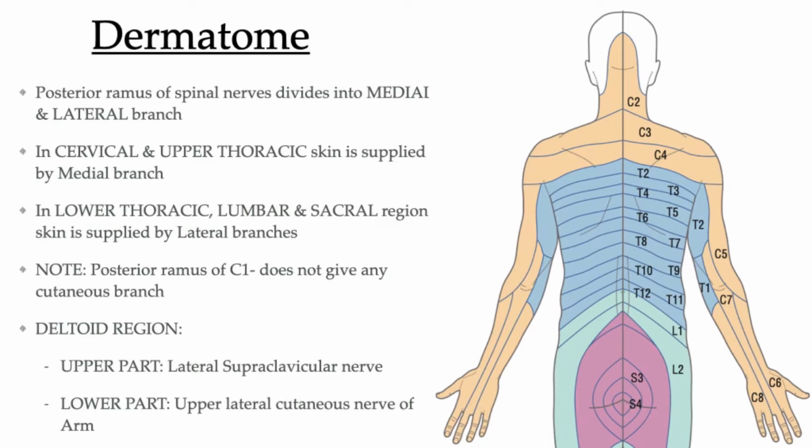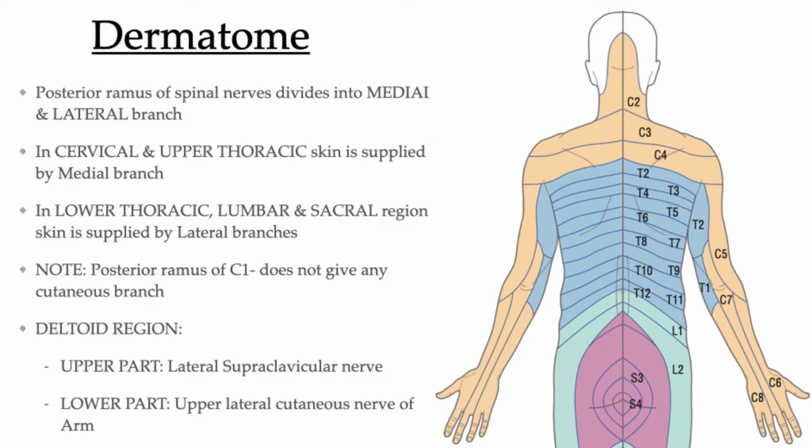The posterior ramus of the spinal nerve divides into medial and lateral branch. Both the medial and the lateral branch provide motor nerve supply to the muscles present over the dorsal side of the body wall. But out of these two, one provides cutaneous nerve supply over the particular area.